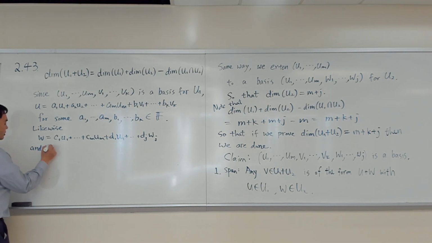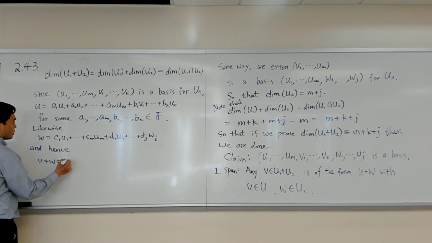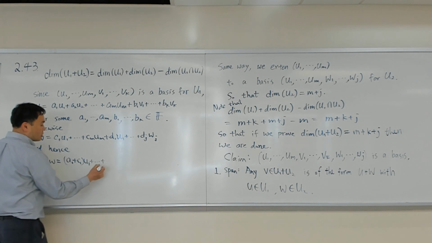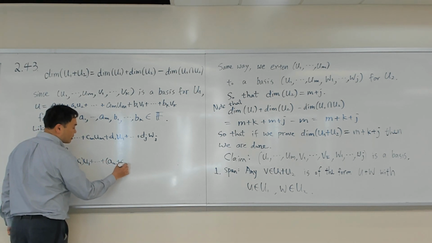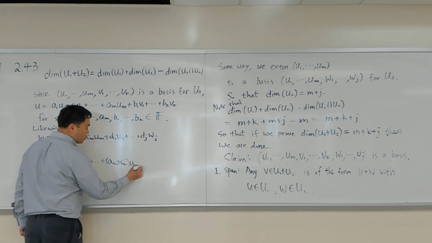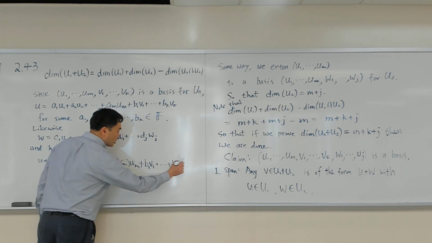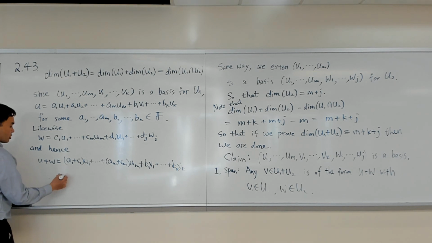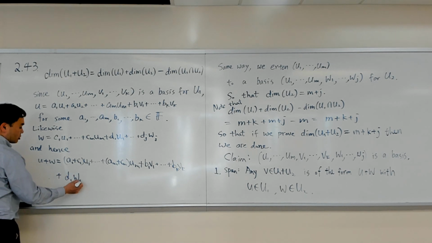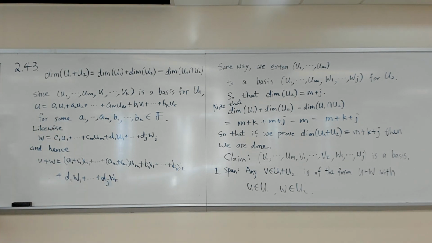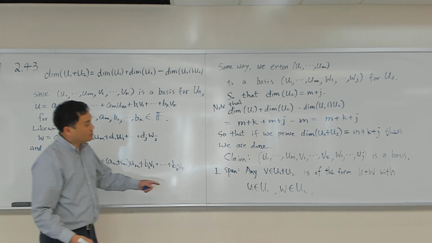And hence u plus w is equal to (a1 plus c1) u1, up to (am plus cm) um, plus b1 v1 up to bk vk, plus d1 w1 up to dj wj, which is in the span of this, right?